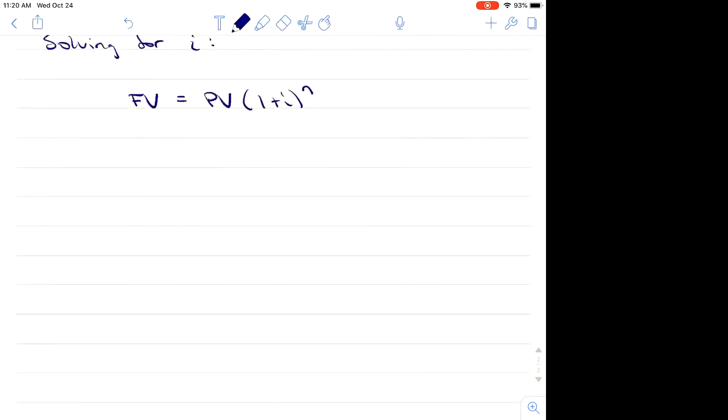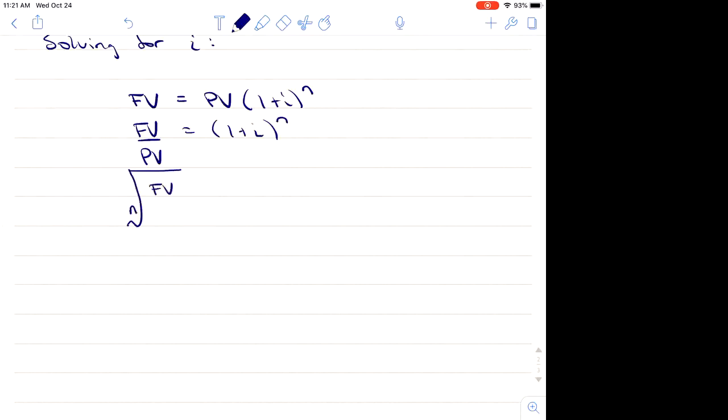Okay, so we want to solve for I. We first have to shake the PV, so we divide both sides by PV. So the future value over PV is 1 plus I to the n. How do we ditch that power of n? We have to take the nth root of both sides. We show that by putting the n in the little hook.